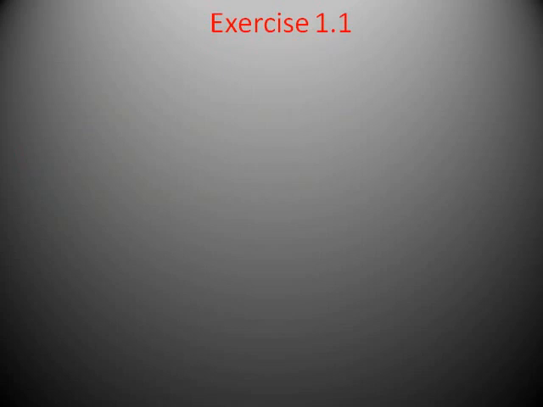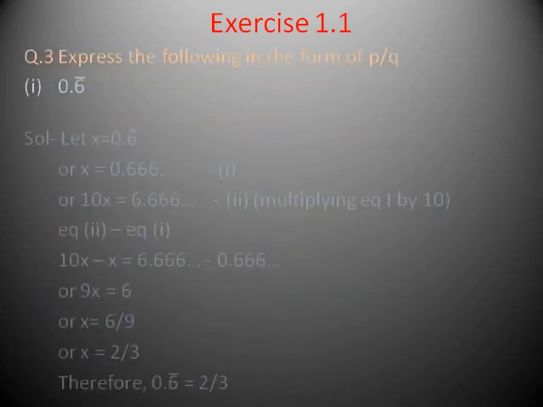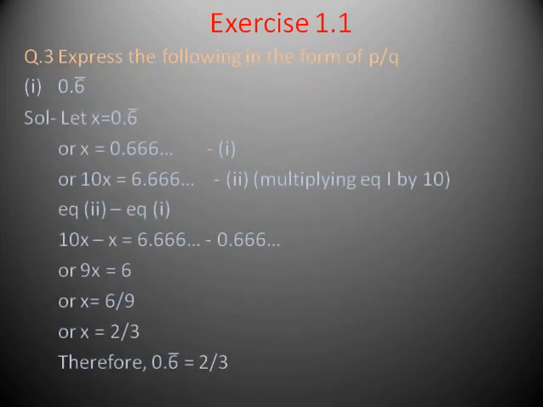Let us continue exercise 1.1. Question number 3. Express the following in the form of p by q. Let us convert 0.6 bar in the form of p by q. So let x is equal to 0.6 bar, which is also 0.666. We will multiply this equation by 10 on both sides.